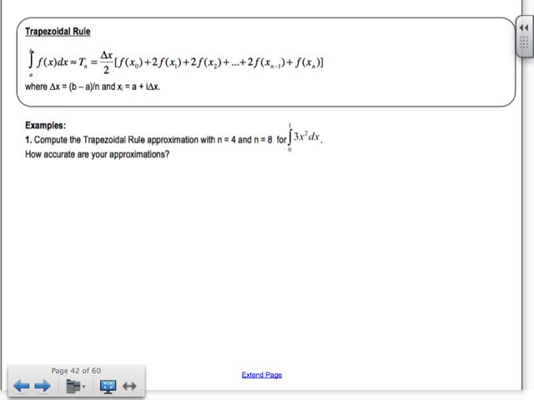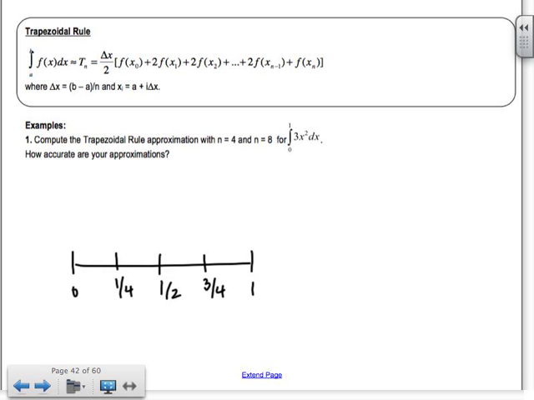So it says compute the trapezoidal rule with n equals 4. So if n equals 4, you're at 1/2, 1/4, 3/4. You need to find those y values that go with it. So if I had 3x squared, I'm going to find those y values.